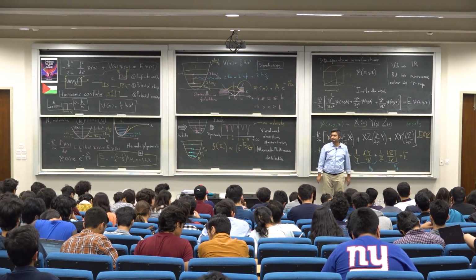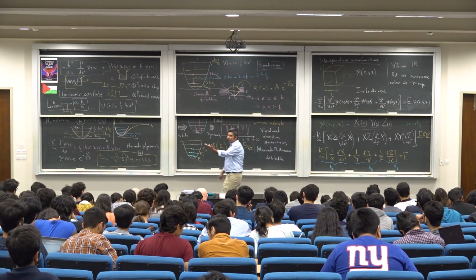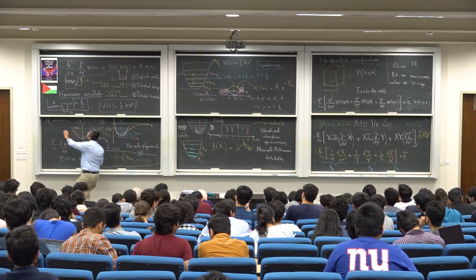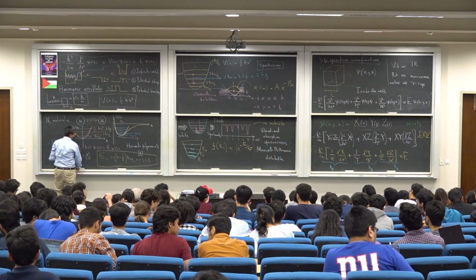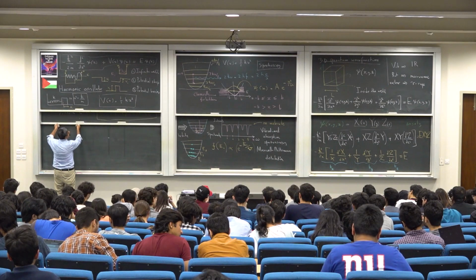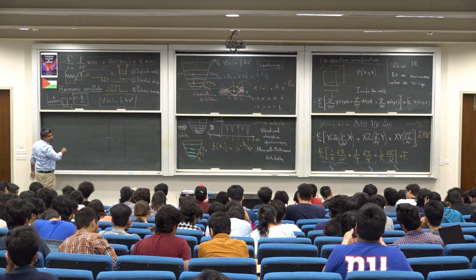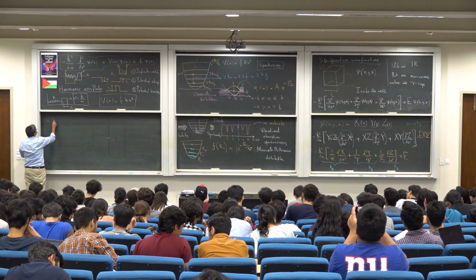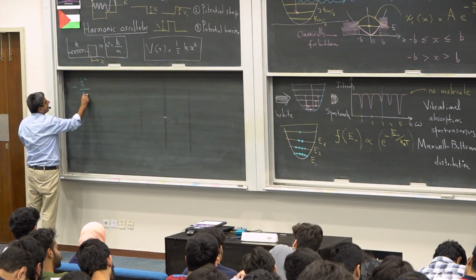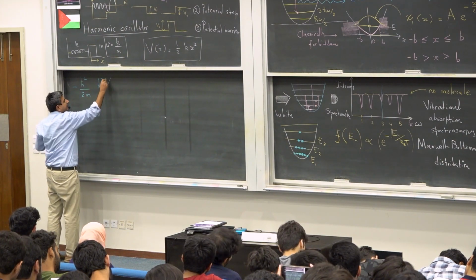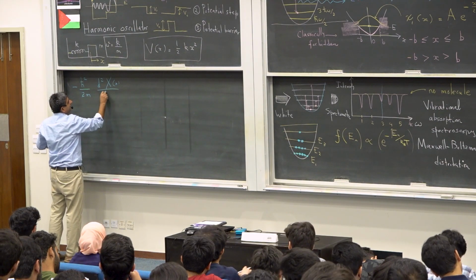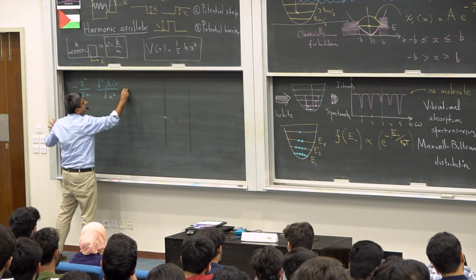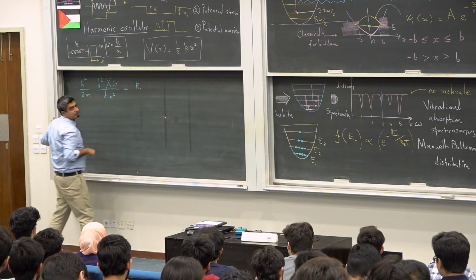All right. Now let's look at one of these terms. Let's just look at the first term. Minus h bar square over 2m, d square X over dx square, is, I call it, K1.